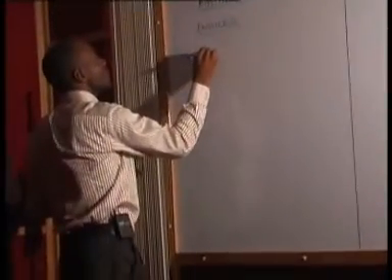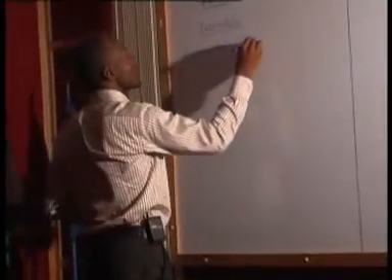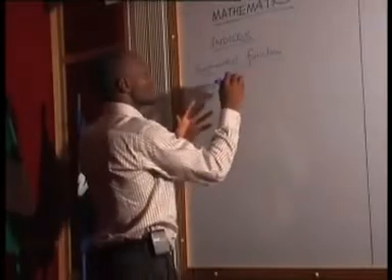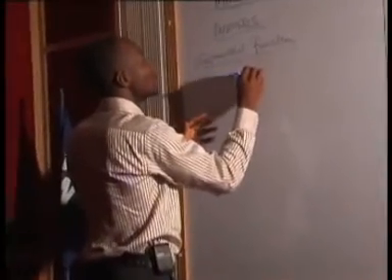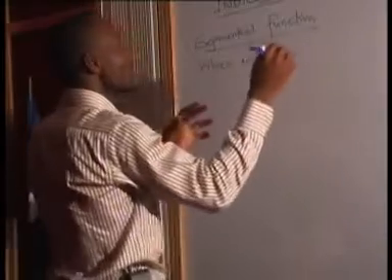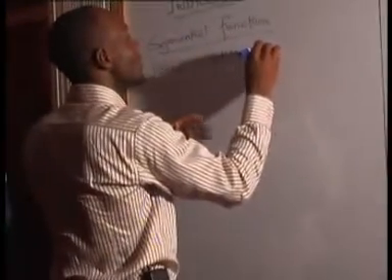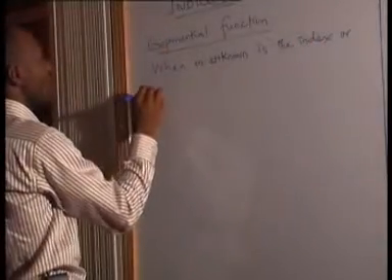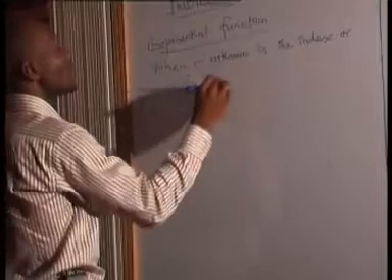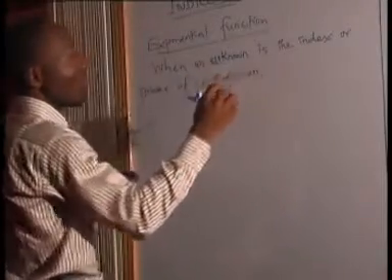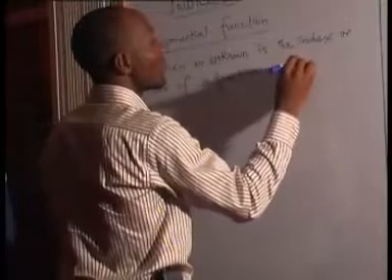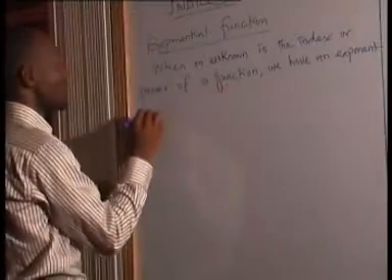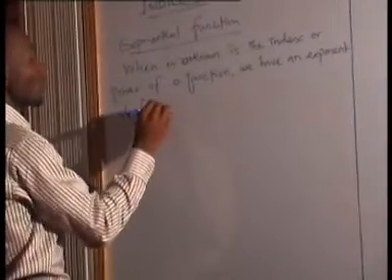Exponential function. So we see that when an unknown, in most cases represented with an alphabet, is the index or power of a function, then we have an exponential function.